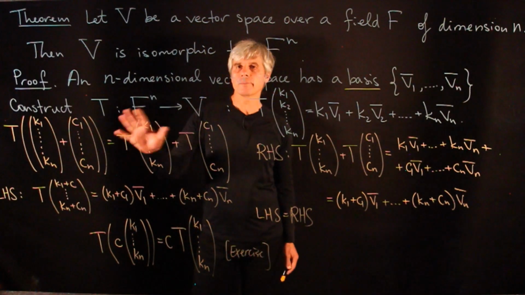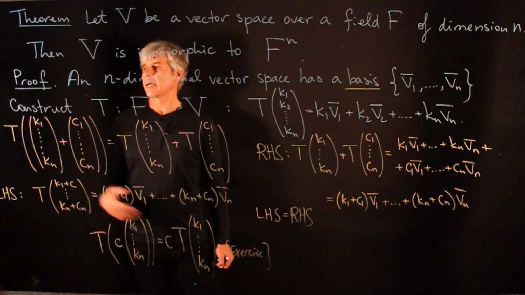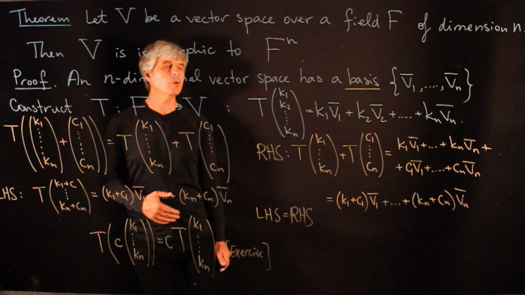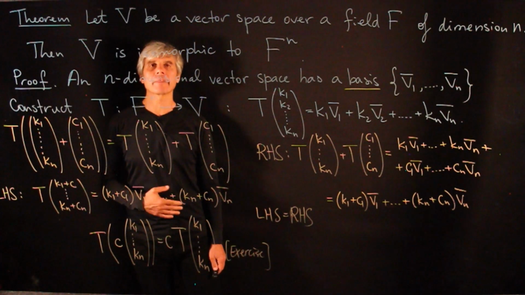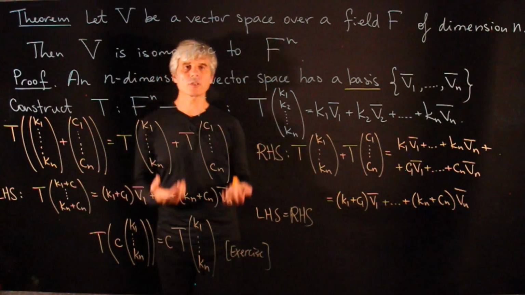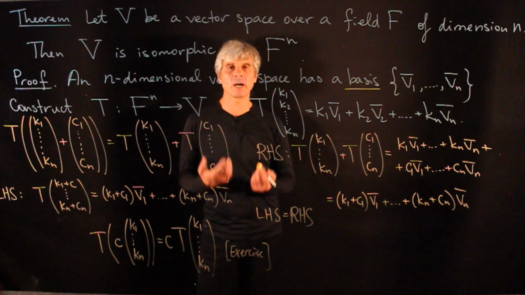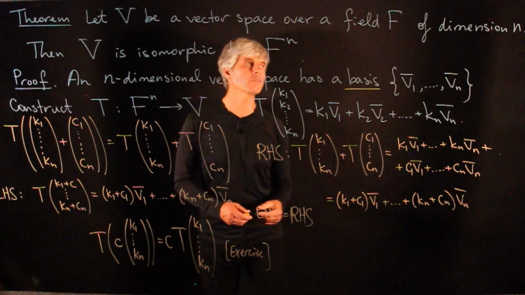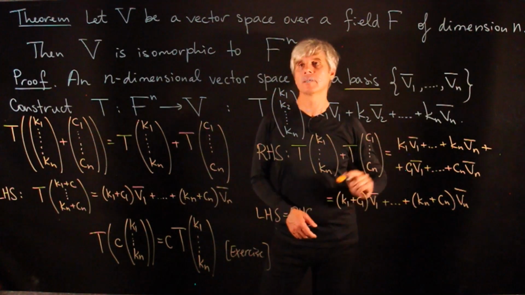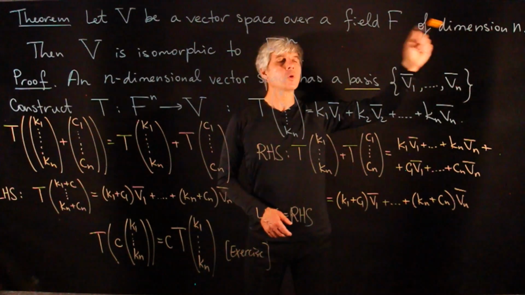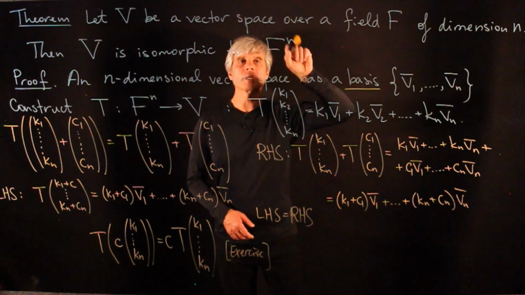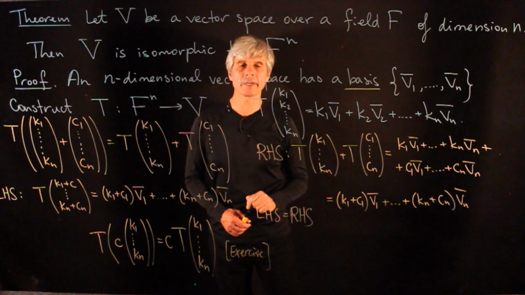So now this completes the proof of this theorem. And basically, the takeaway from this theorem is that for finite-dimensional vector spaces, two vector spaces are isomorphic if and only if they have the same dimension, because both of these vector spaces will be isomorphic to Fn.